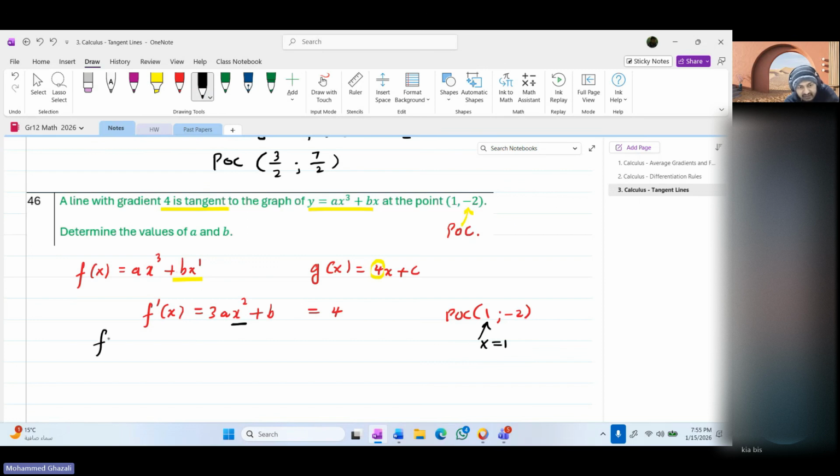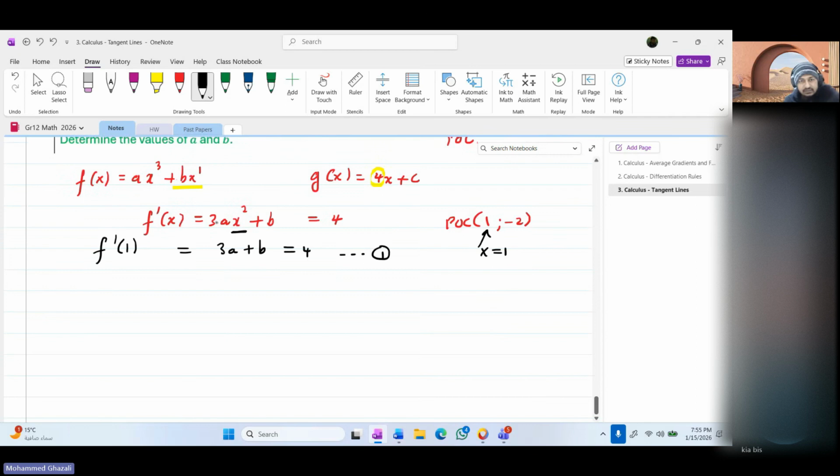So f prime 1 is now equal to 3a plus b, which is equal to 4. Right, so this is equation 1. We found the first equation by using the concept of derivative because of the gradient function.